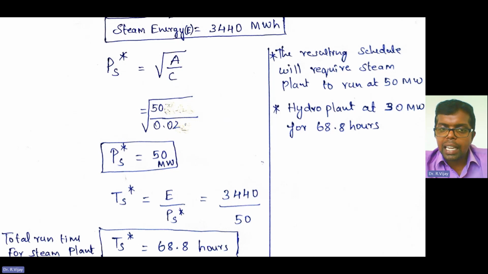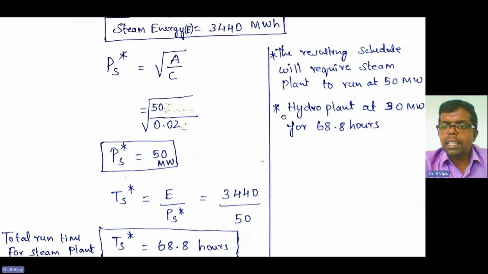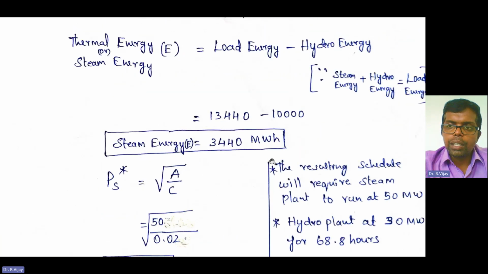Finally we derived PS star is equal to root of A divided by C. So the maximum power generated from the hydro power plant is 30 megawatt, and it is operated for 68.8 hours. Like that, you need to solve this problem.